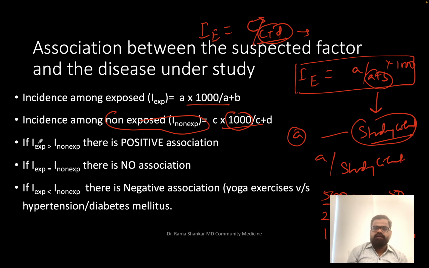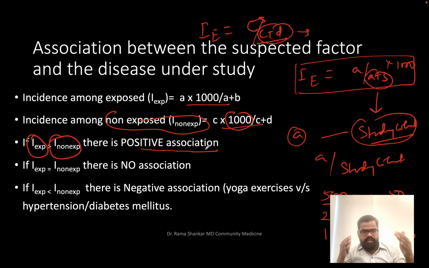Can you make a relation? Can you see whether the incidence in exposed is greater than the incidence in non-exposed? If it is greater, we say it is a positive association. So the risk factor definitely has an association with the disease or the outcome. If incidence in exposed is equal to incidence in non-exposed, then how will you say that the particular risk factor is causing that disease?